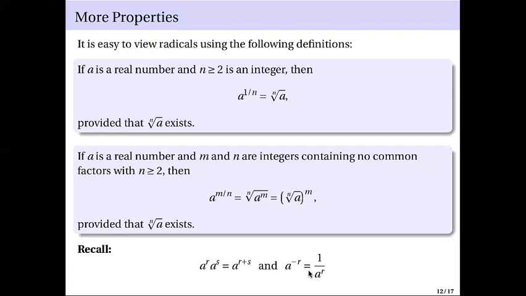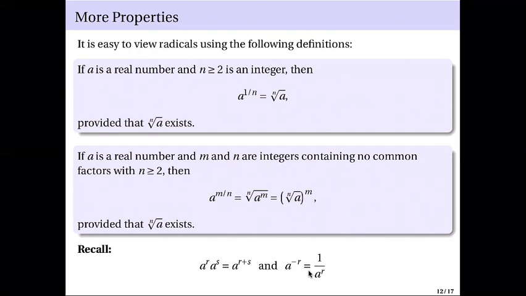So now we can convert radical expressions into exponentials, or we can convert exponentials with fractional exponents to radicals.